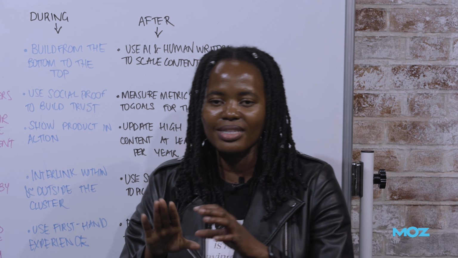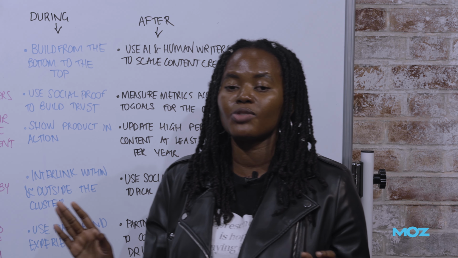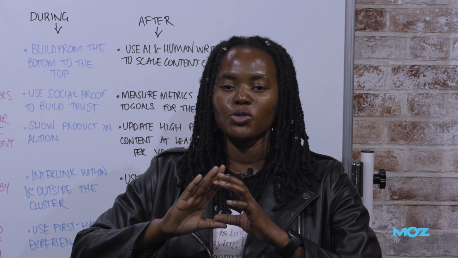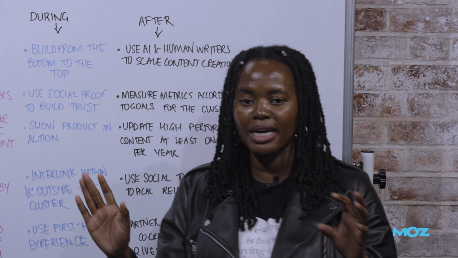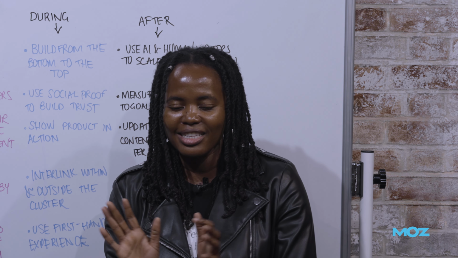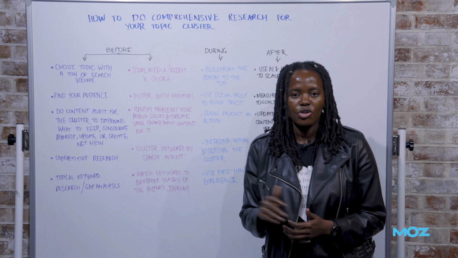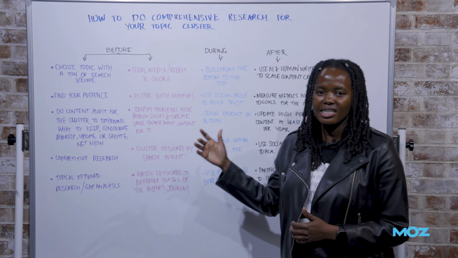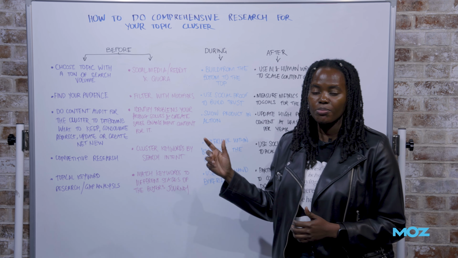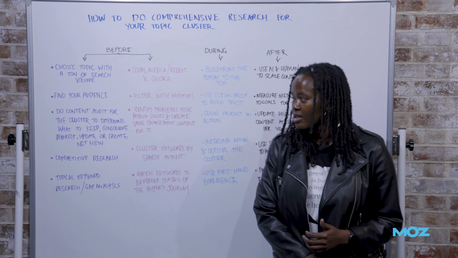I like to go with something like 10K at the minimum for a search volume if I'm doing a topic cluster for my homepage or whole website. But if I'm doing a really small niche cluster, then 5K is a decent search volume to aim for. The next thing is to find your audience. Who are you going to be targeting with that cluster? This is going to be very important when we start looking at filtering with modifiers.